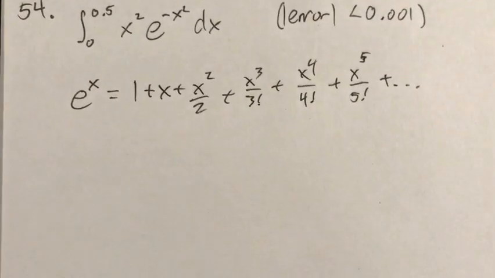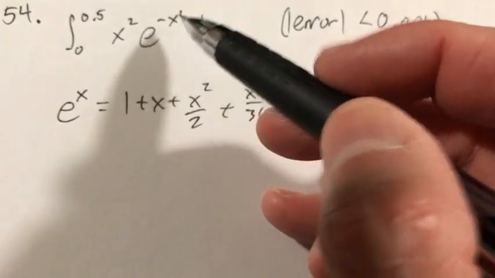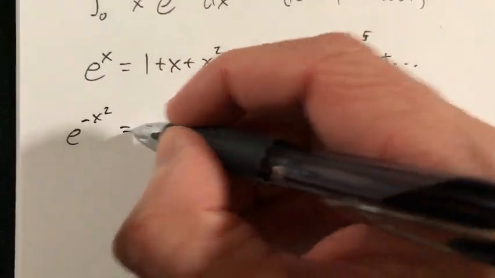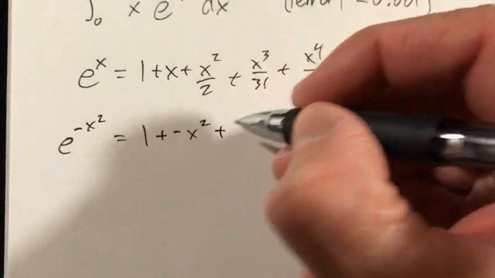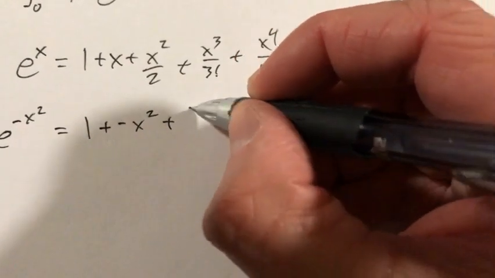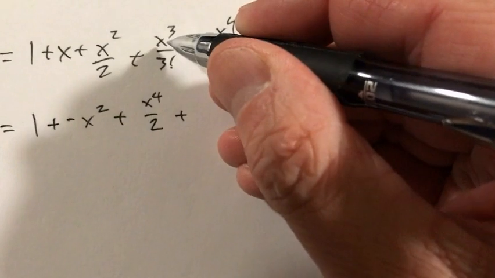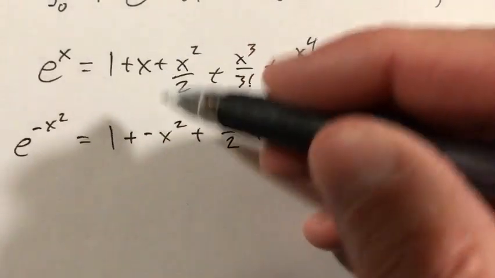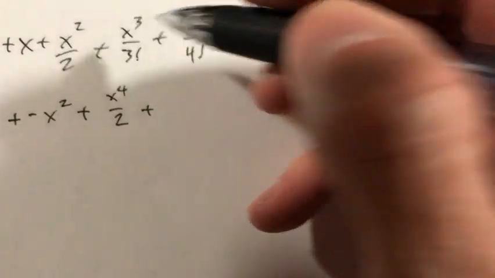So if that is e to the x, e to the negative x squared means we're just going to replace x with a negative x squared. So this is 1 plus negative x squared plus, let's see, negative x squared is positive x to the fourth, negative x to the third. Ooh, I'm second guessing myself. Let's see. This is a negative x squared. This is a negative to the third power.